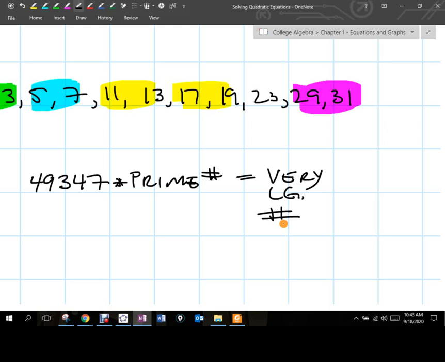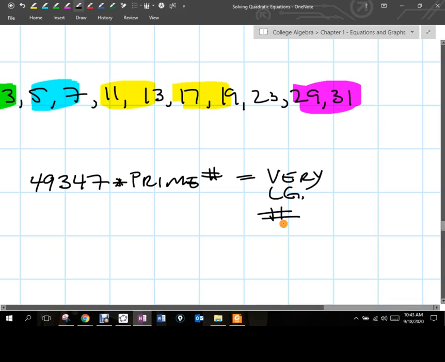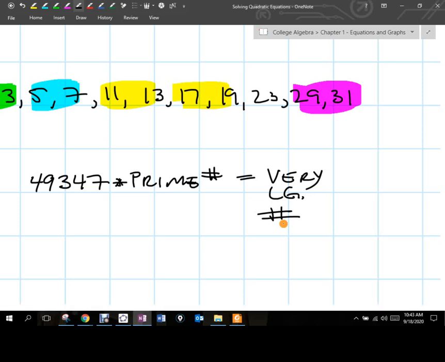And that very large number will be picked up by somebody else's device, whether it be the bank or, if I'm emailing or texting somebody, their device. And the way they communicate is that the second device will be the only device that knows what prime number I used in my original device to multiply my account number by. Does that make sense?